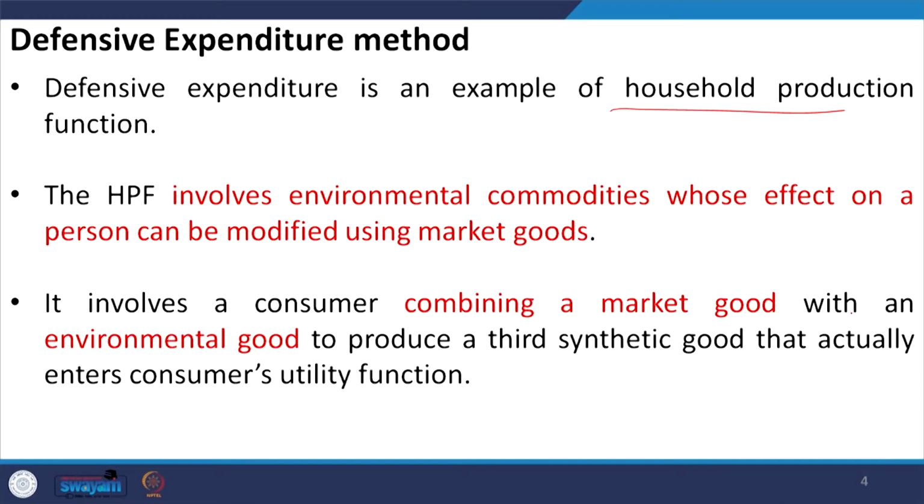And as we have already discussed, for this defensive expenditure method, the consumer is combining a market good with an environmental good, so that a synthetic kind of good can be produced and it must be reflected in the consumer's utility function, right. So, this is the example we have given of how the market good and the environmental good can be combined to produce a third synthetic good, and that reflects the consumer's utility.